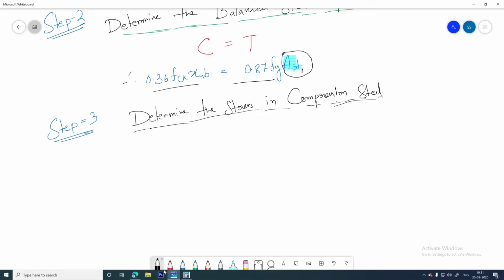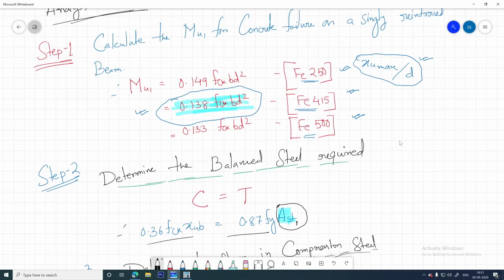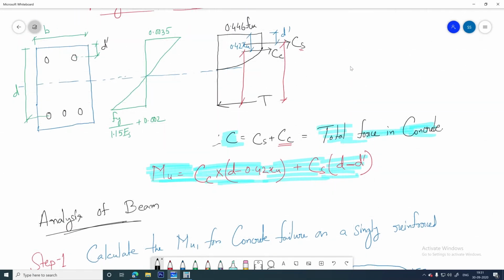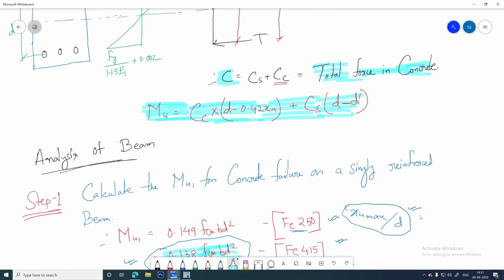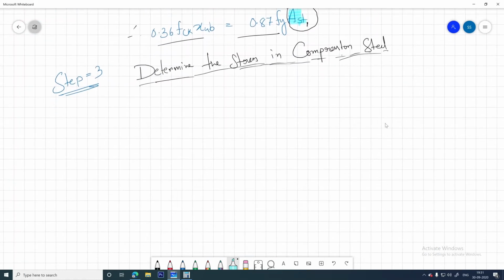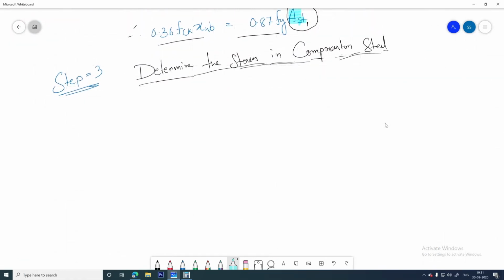So what is the force in the compression side due to the steel? Due to the steel in the compression side, the force is CS. So that CS we need to determine in this particular step. So what will be the value of the CS?